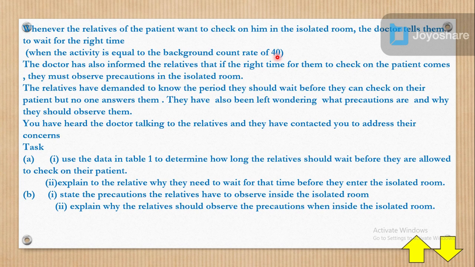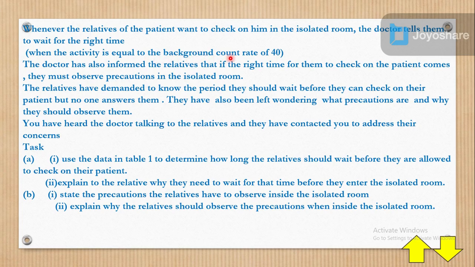You can compare this to your heartbeat. For example, your normal heartbeat pumps at 72. That is normal. When it goes to around 80, we say that someone is sick. For this machine, the time when it is not dangerous is what we call the background count rate.